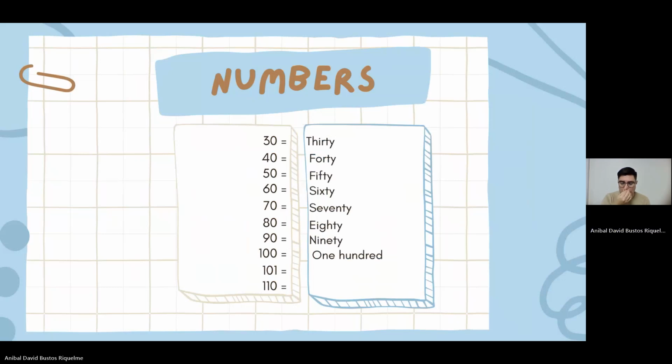So for example, if I want to say 38, what's that number? Can you imagine 38? That number would be 38. If I wanted to say 42, what's that number? That would be 42.